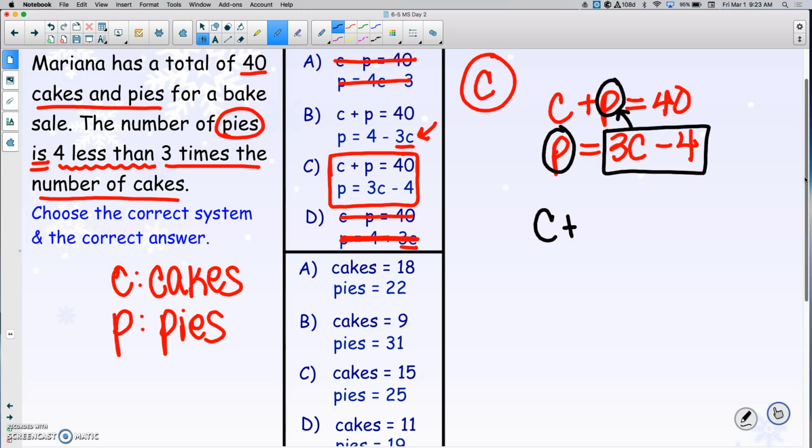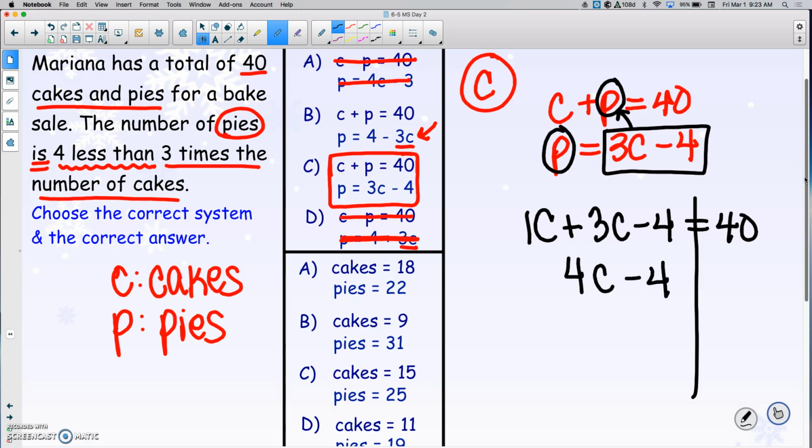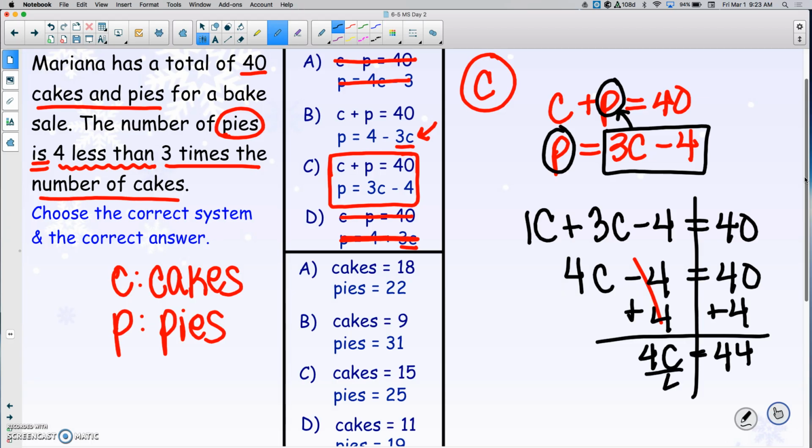So the new top equation is C plus, and then instead of P, I replace it with 3C minus 4 equals 40, like that. I can combine my like terms to get 4C minus 4 equals 40. Then if I add 4 on both sides, 4C equals 44. And then dividing by 4 gives me C equals 11.